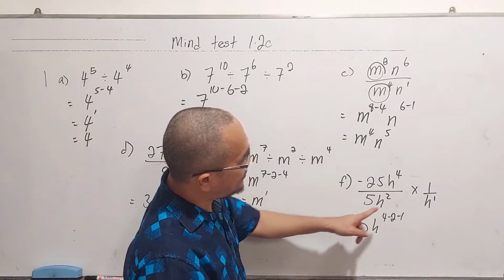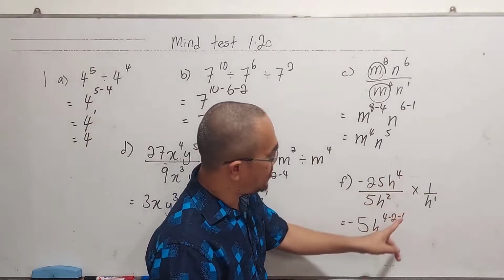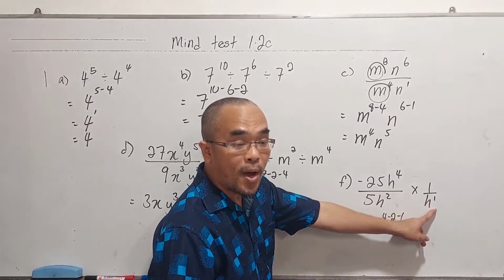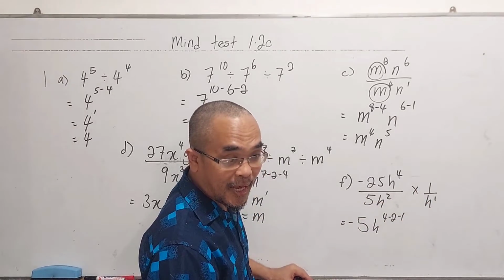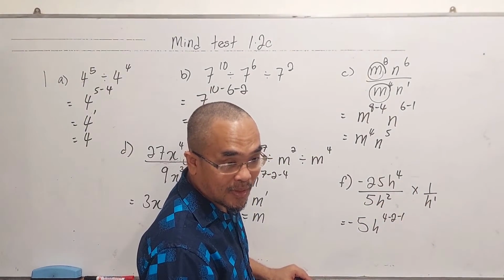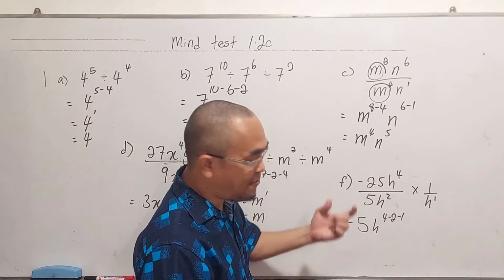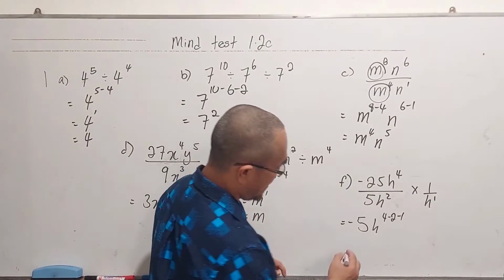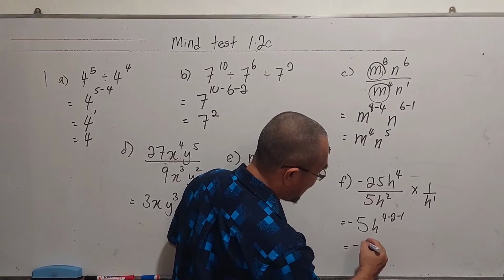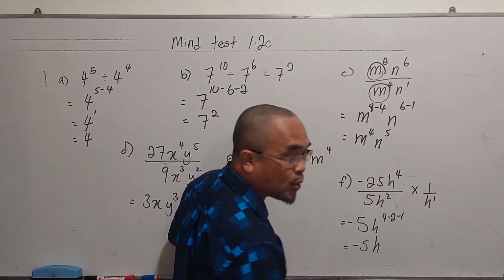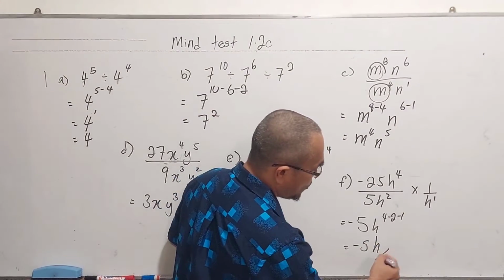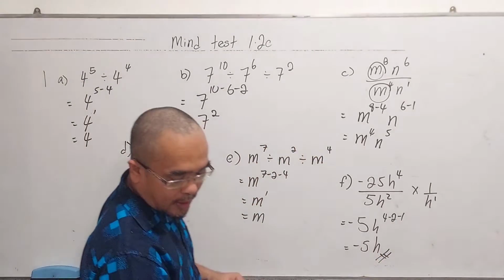Whichever is below here, going up, it will be negative. Below here, 1, going up, it will be negative 1. This is the same concept. Divide, minus. So simplify, it becomes negative 5 H to the power of 1. So you do not write it. Okay.